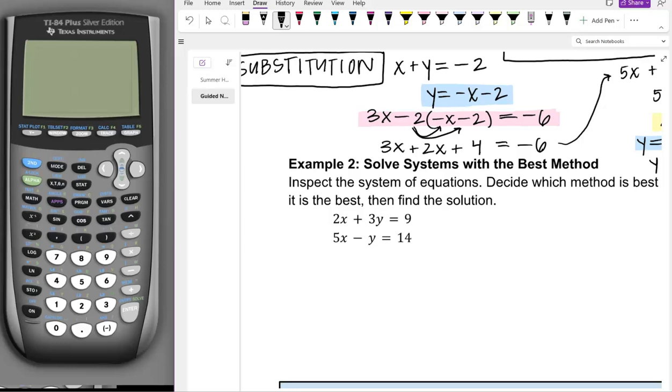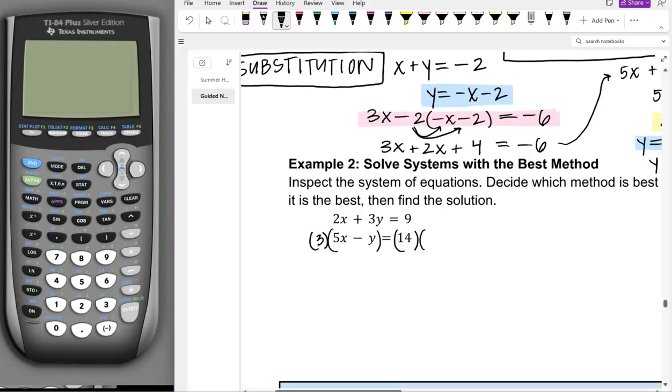So I need this to have a negative 3 on the second equation, and then I could eliminate the y. That's not going to be bad. So I'm going to go ahead and choose elimination would be the best, and say because they're both in standard form, along with the fact that the second equation has a coefficient of negative 1 for y.